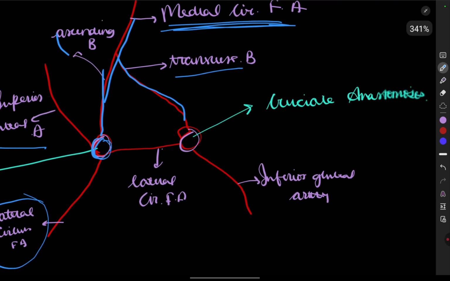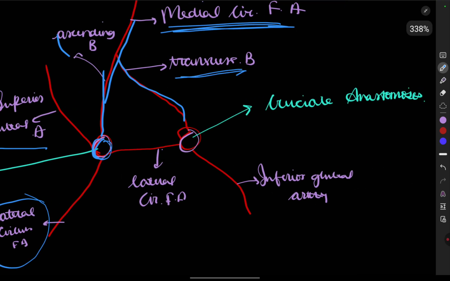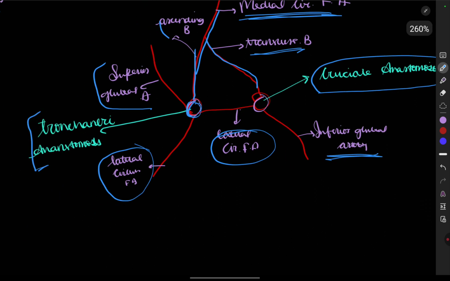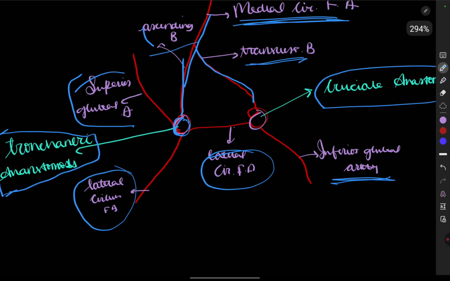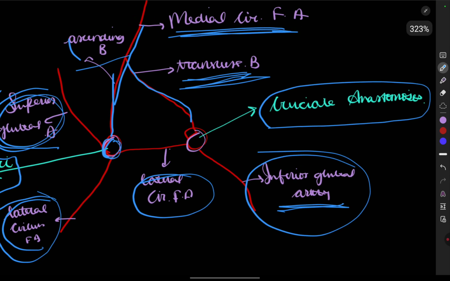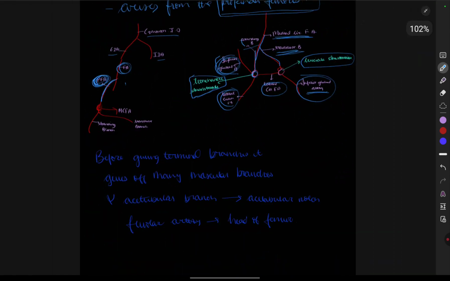The transverse branch, with the inferior gluteal artery and again the lateral circumflex femoral artery, forms the cruciate anastomosis. We will study these anastomoses in detail. So the ascending branch with the superior gluteal artery gives the trochanteric anastomosis, and the transverse branch with the inferior gluteal artery gives the cruciate anastomosis.